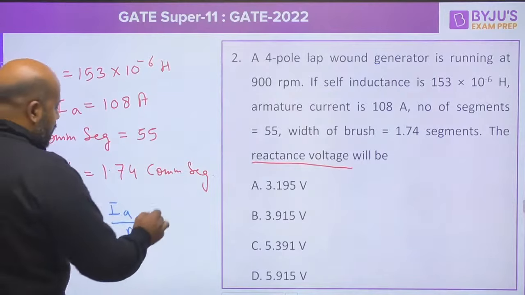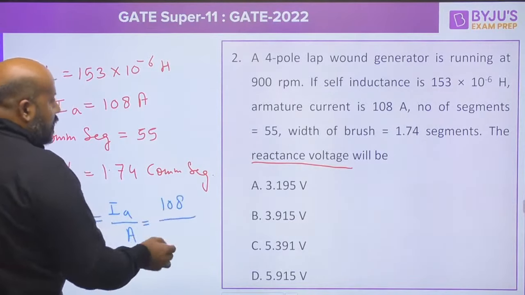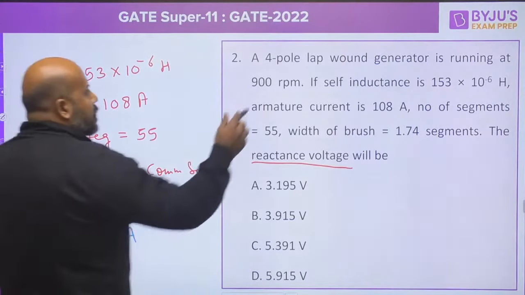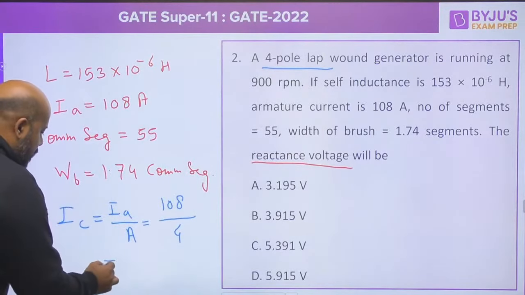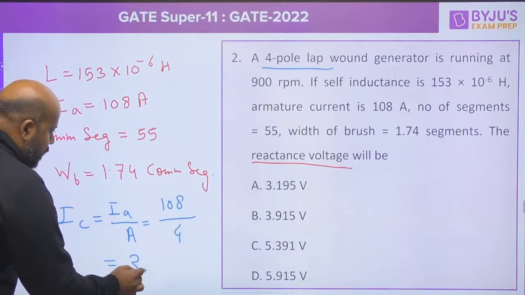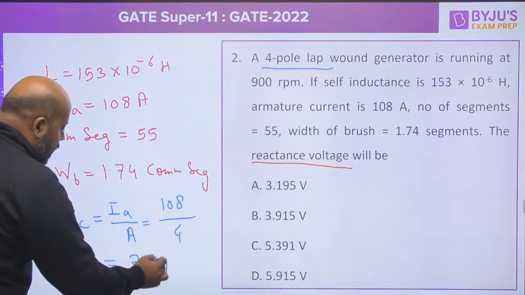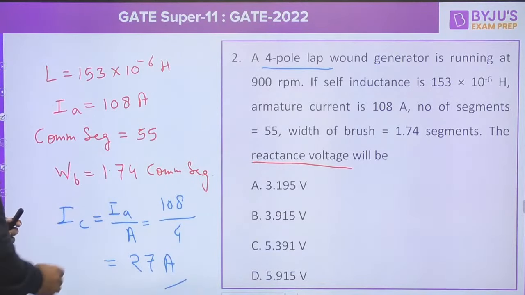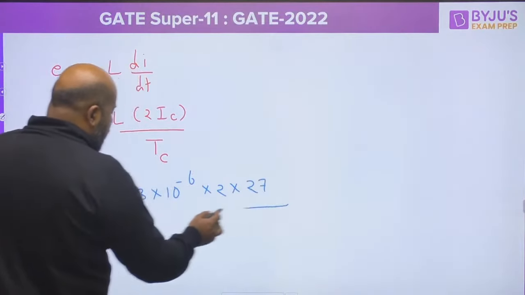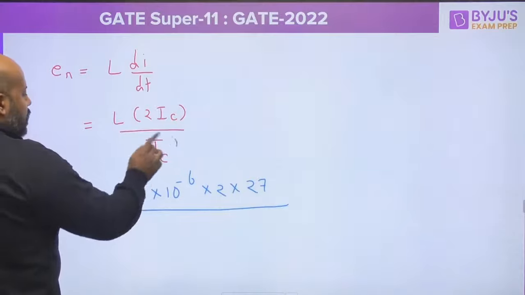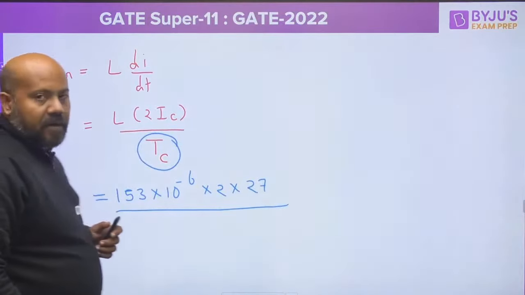The armature current is given as 108 amperes. Because it is a 4-pole lap wound, the number of parallel paths is equal to the number of poles. So you can solve this: 27 amperes. So the current in each parallel path is going to be 27 amperes. But the question is how to find this commutation period.